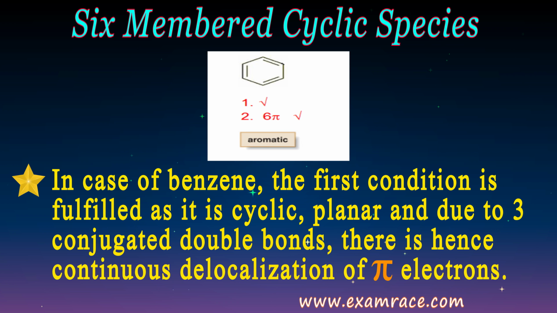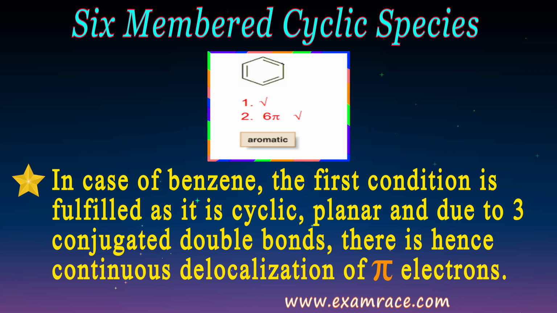So let's take the example of benzene. In the case of benzene, if we see the first condition, this benzene is cyclic, it is planar, and it has three conjugated double bonds. So the first condition is fulfilled, and these double bonds are delocalized.